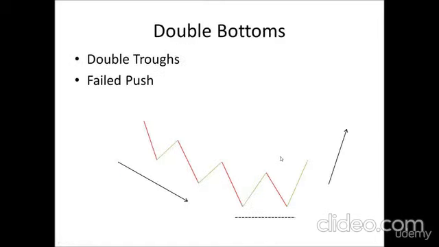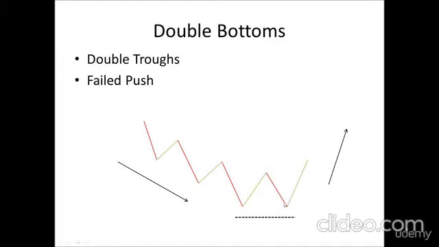So a double bottom is very similar to a double top, but it can be formed at the end of a downtrend. A downtrend is a series of pushes and pullbacks, or rallies and retracements that create lower lows and lower highs. Let's look at this double bottom. Price pushes, it pulls back, it goes for another push, but can't push any lower than the previous low.